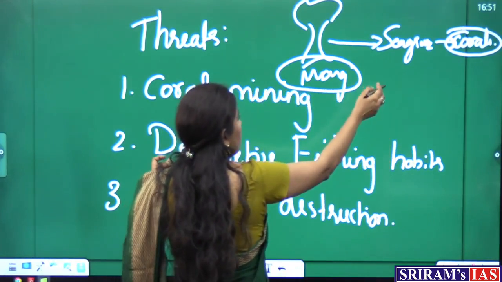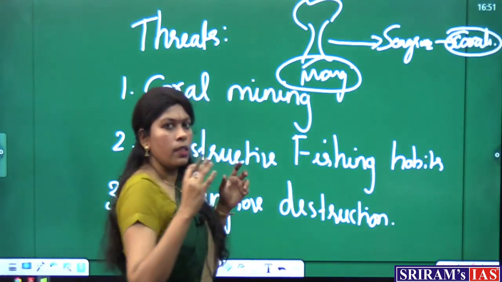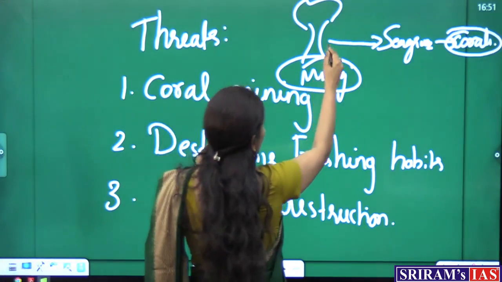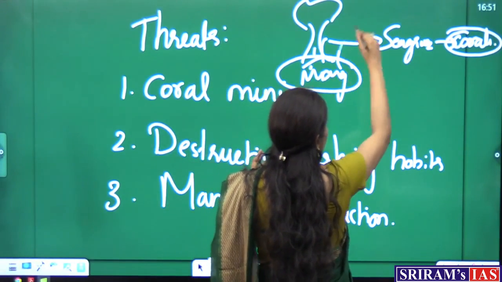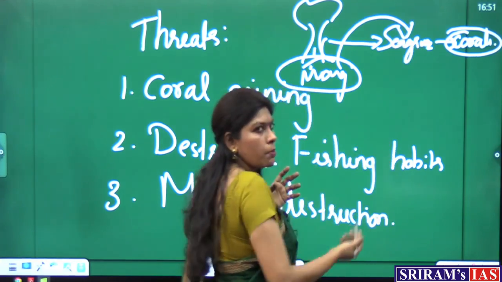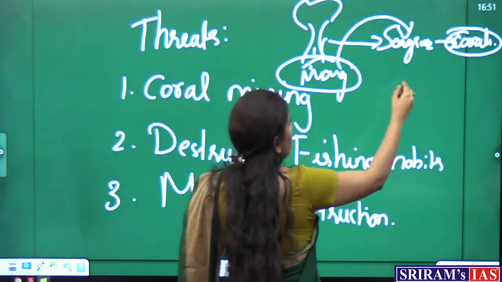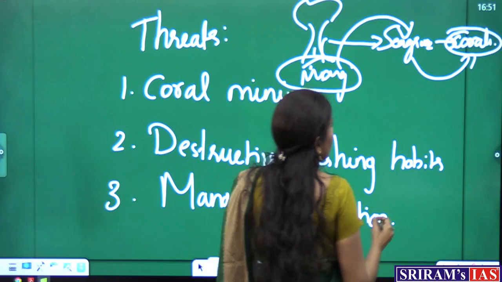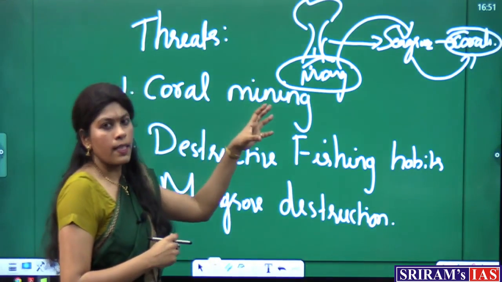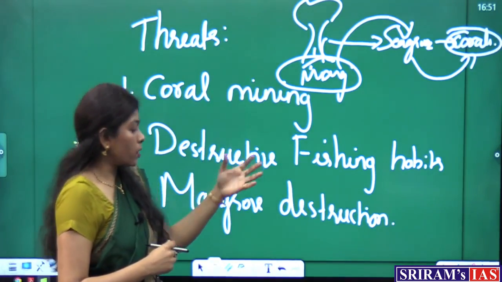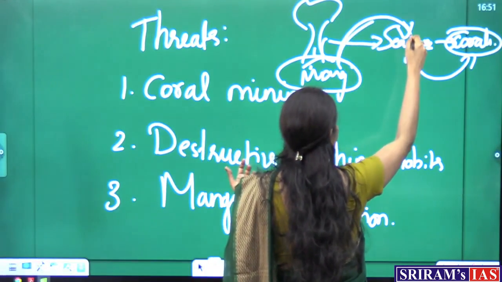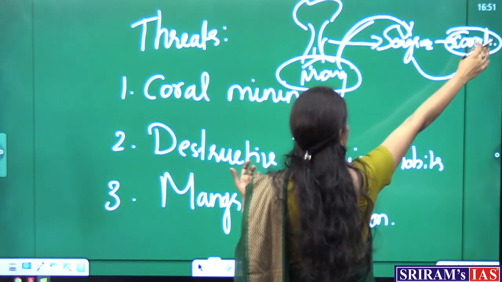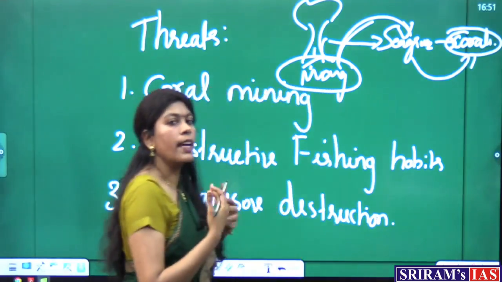So, when waves are coming, they will bring sediments and the mangrove's roots will trap some sediments. Then there is seagrass. Seagrass will trap a few more sediments. Then comes corals. So, now there is less sediment to the coral. Coral will thrive. If the mangroves are destroyed, all the sediments will go directly to seagrass, then after that to coral. So, now coral die.